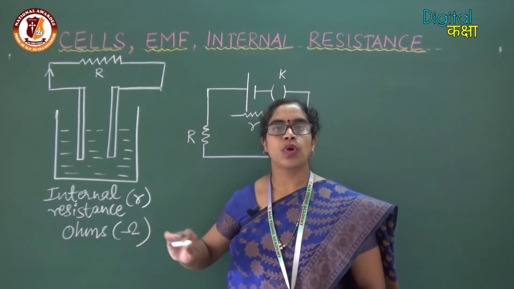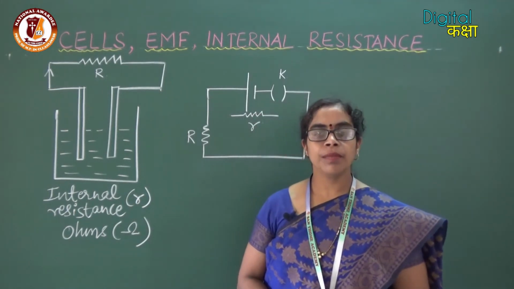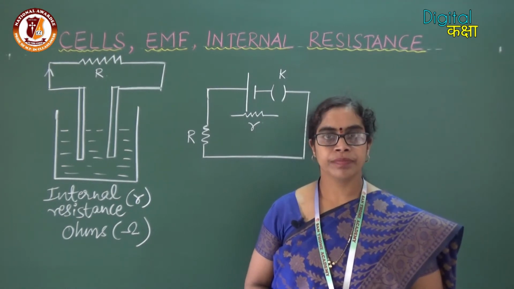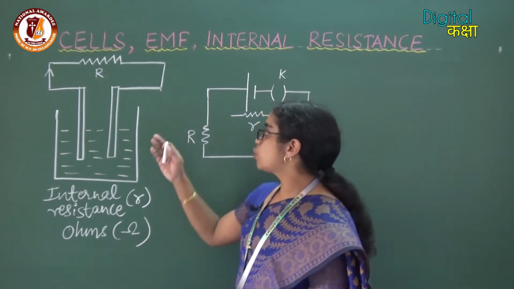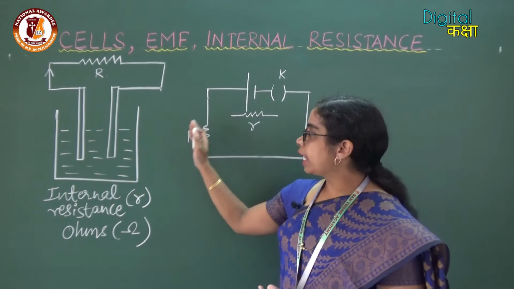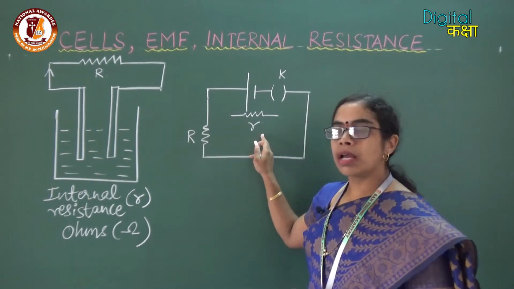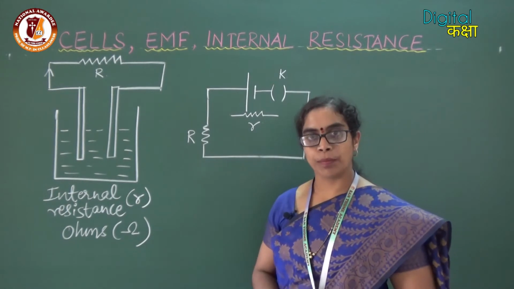Coming to the next topic, what is the meaning of the term EMF of the cell? To understand the term EMF, I have drawn a circuit of the cell and the external resistor R, with the internal resistance r in symbolic form.